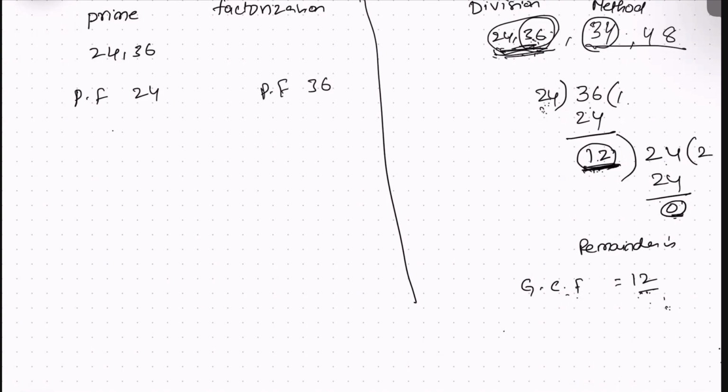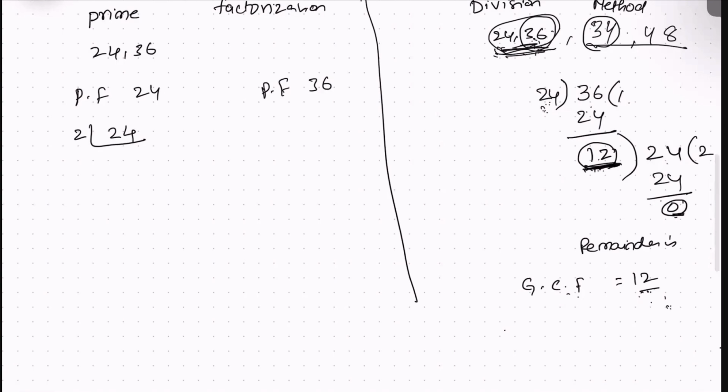Now let us see how we can do the prime factorization. As we discussed earlier, we have to choose the least prime number and start dividing until you get the final value as 1. So 2 goes into 24, it is 12, and again 2 goes, it is 6, again 2 goes, it's 3. So the prime factorization of 24 is 2 times 2 times 2 times 3.